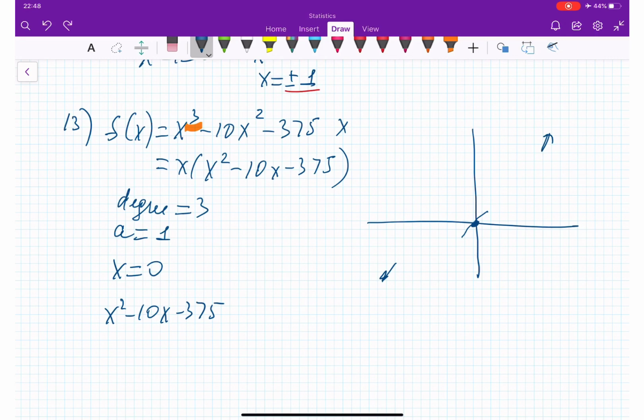Well, I have to go through a long calculation. Okay, this one is going to be a long calculation, x squared minus 10x minus 375.